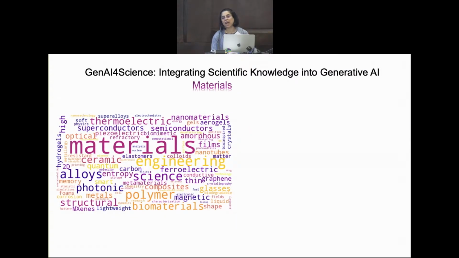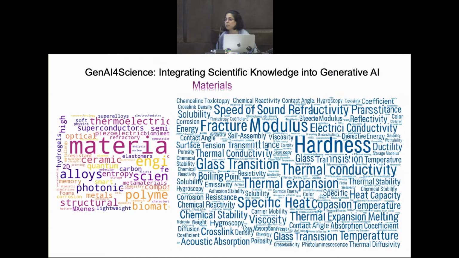materials, but with that comes the challenge of properties, right? So now if I look at a word cloud of the number of properties these materials can have, and we want to try and optimize, it's even more crowded, from hardness, softness, thermal conductivity, glass transition, expansion, specific heat capacity, viscosity, et cetera. We want to be able to optimize for all of this.